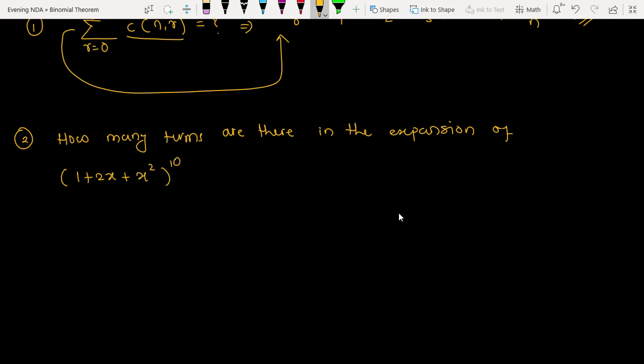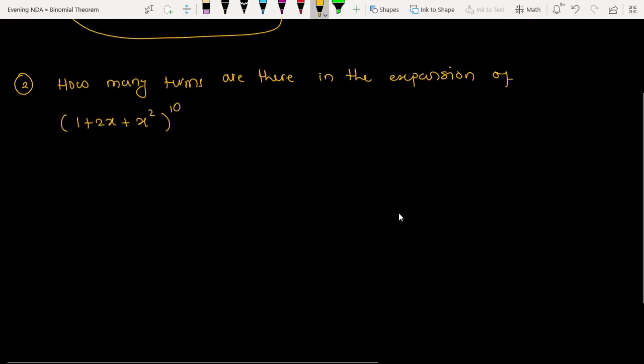Observe very carefully. Yes, how many terms are there in the expansion of 1 plus 2x plus x square, to the power 10? Yes, what is your answer? No answer. Okay, no problem. 21. 21, sir. Okay, let's see how.